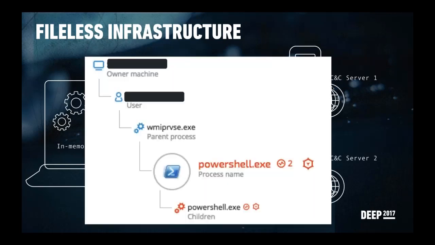Here is a screenshot of how it looked when we deployed the Cybereason solution, and Jess will show a demo in a few minutes about how it looks in real time. But basically, all you see is a malicious PowerShell script, and we'll tell you how we see this as malicious, that is running on some user machines, and by looking at that, we were able to piece together the whole story that was going on.